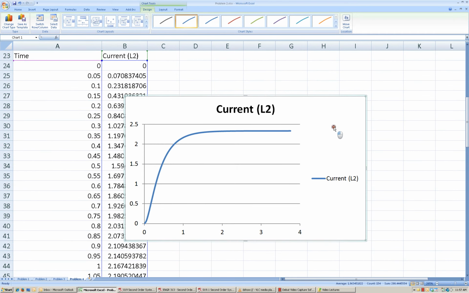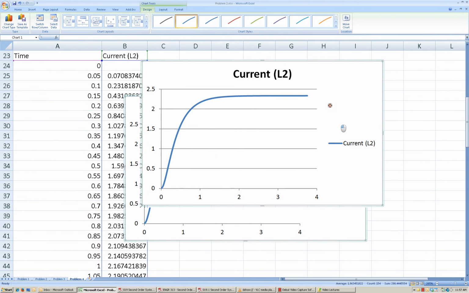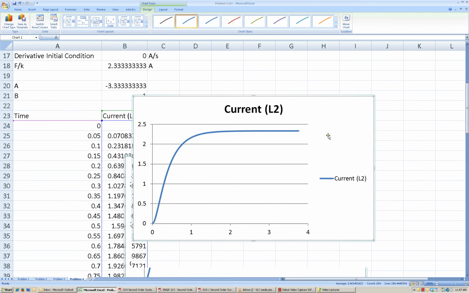For this system we see that the current through the inductor L2 is going to start off at initially 0 amps, and it has a rate of change initially of 0 as well. Then quickly it's going to shoot up in this overdamped case, and it's going to approach a value of 2.33 amps.